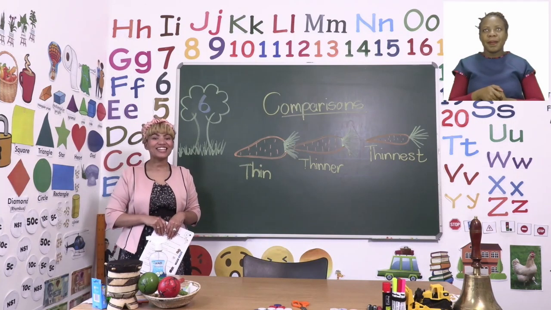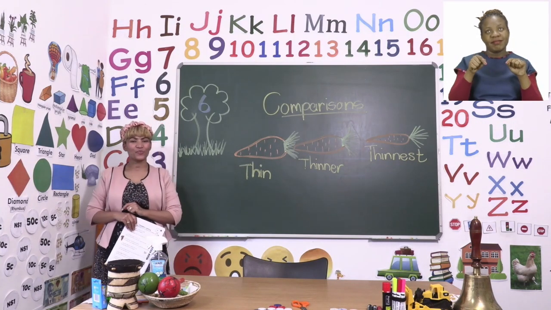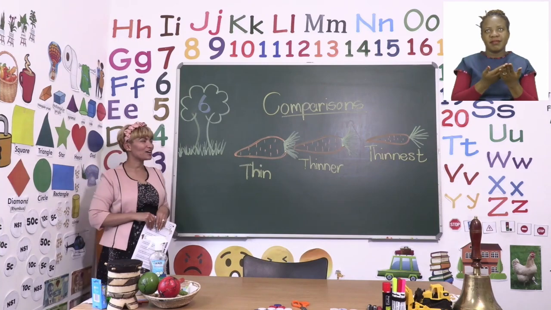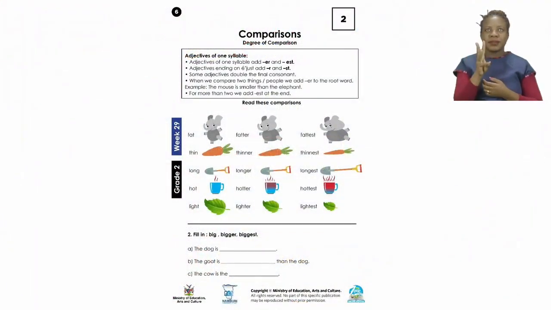For today's lesson, let's start on page 6 in our booklets. Now here, we are going to do some comparisons, and we are going to look at the degree of comparison. In the block there it says, we are going to look at adjectives of one syllable.